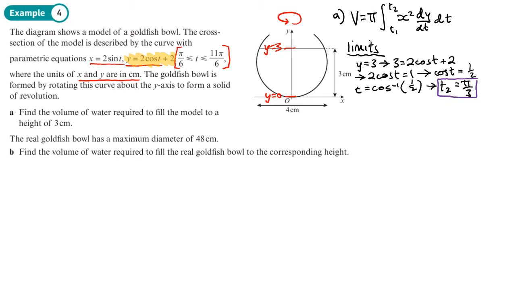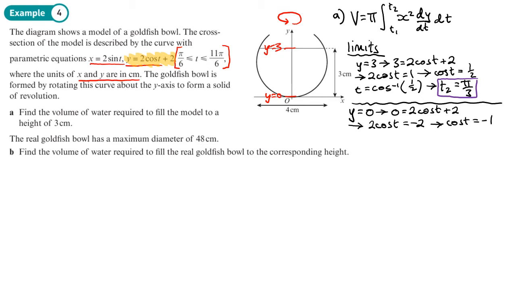Then for the other limit, we will do y equals 0. So that becomes 0 equals 2 cos t plus 2. That will be 2 cos t equals minus 2, cos t equals minus 1.